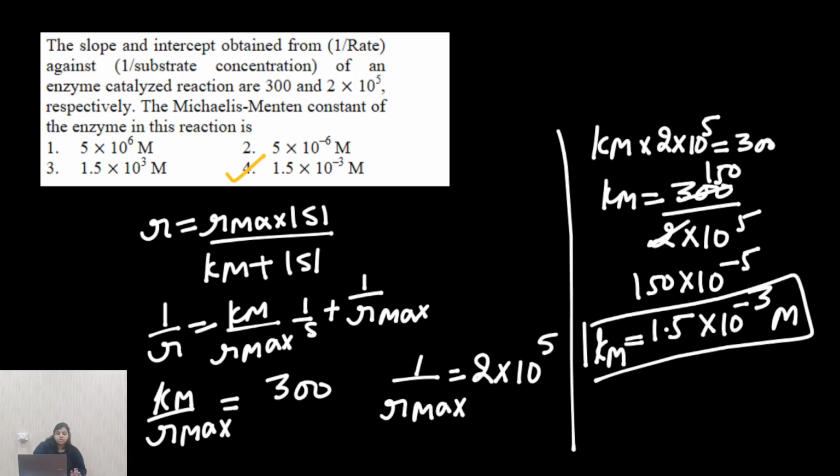Okay. Next is this question. It says the plot of the rate constant versus the root of ionic strength for a reaction which is A plus 2 and B minus 1 follows linear, refer to the figure. So this is again from your salt effect.